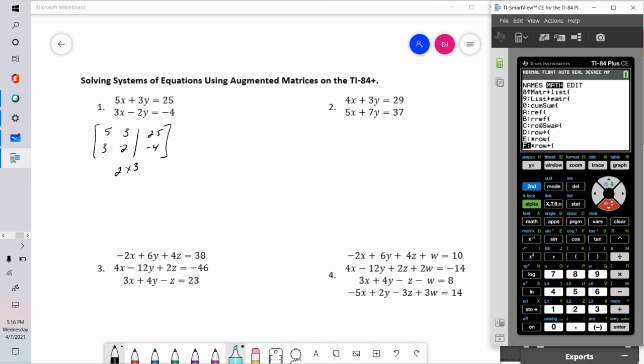Look at option B, RREF. Do you remember what RREF stands for? RREF stands for reduced row echelon form. So if I select option B, reduced row echelon form, on matrix A, enter.